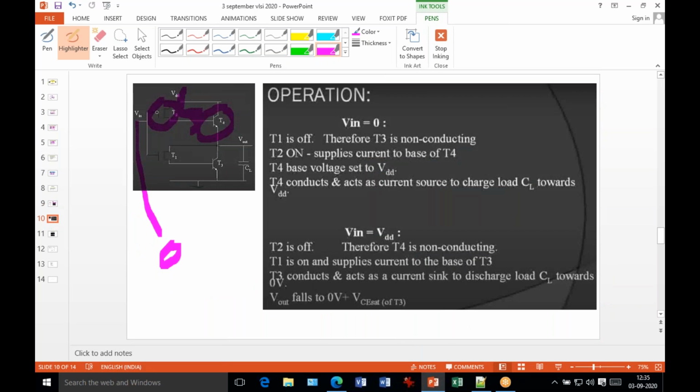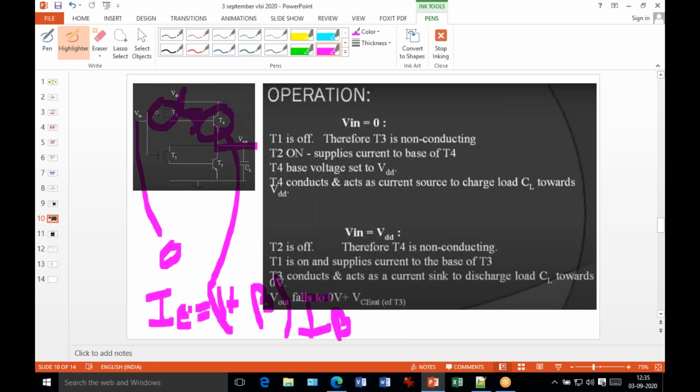So if the base current is sufficient, P1 is in the conducting mode. If it is conducting, then you get your output.